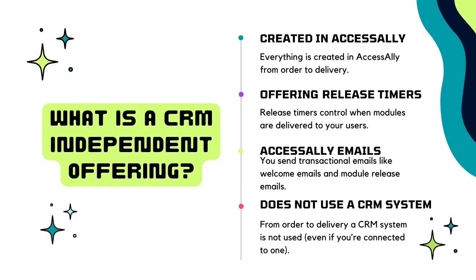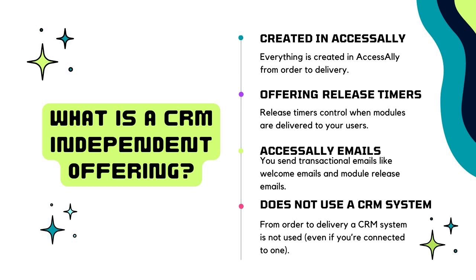So what is a CRM independent offering? A CRM independent offering is created entirely in AccessAlly. Everything about the offering is in AccessAlly, from the order or opt-in sign-up through to delivery, including the emails received. This setup uses a system called offering releases in AccessAlly, which is based on offering release timers.